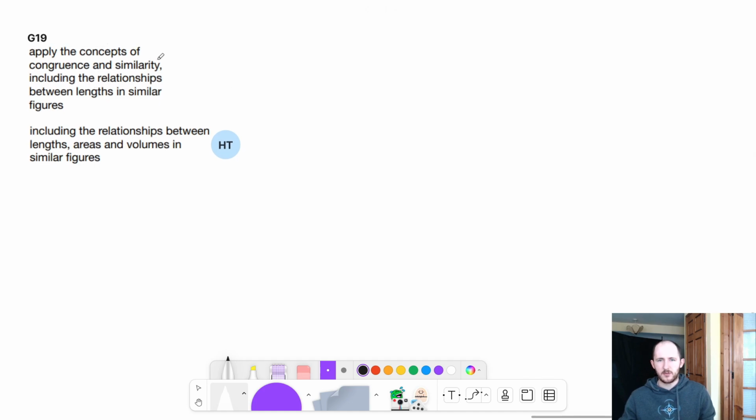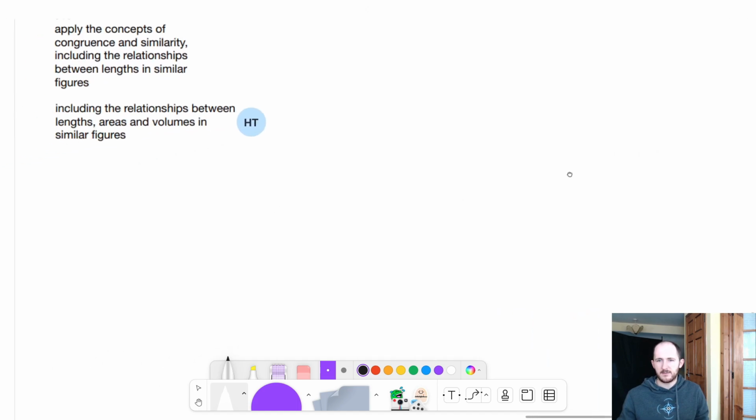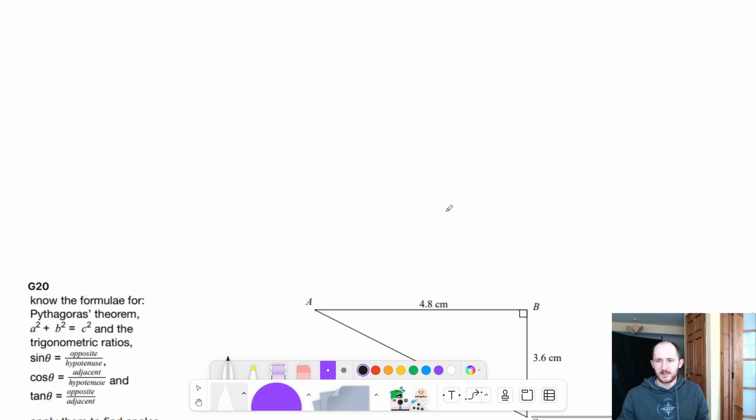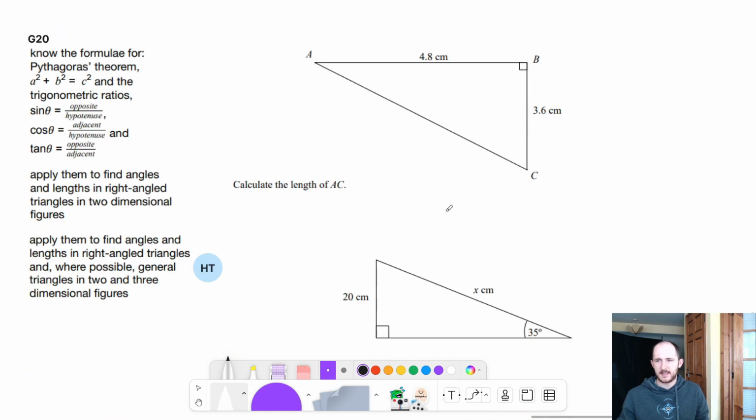Apply the concepts of congruence and similarity, including relationships, and also find the relationships between lengths and areas and volumes in similar figures. So we have done that previously. That should all be fine, but again we may have some extra ones. So know the formulae for Pythagoras' theorem and all the trig stuff, and use them to find angles and lengths. And here it says apply them to find angles and lengths in right angle triangles where possible, and general triangles in 2 and 3 dimensions.